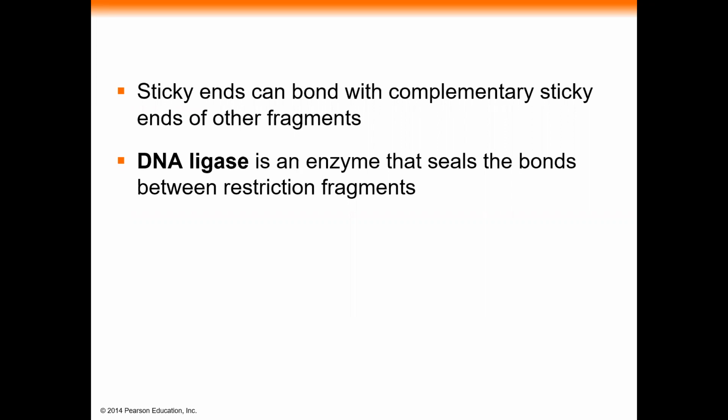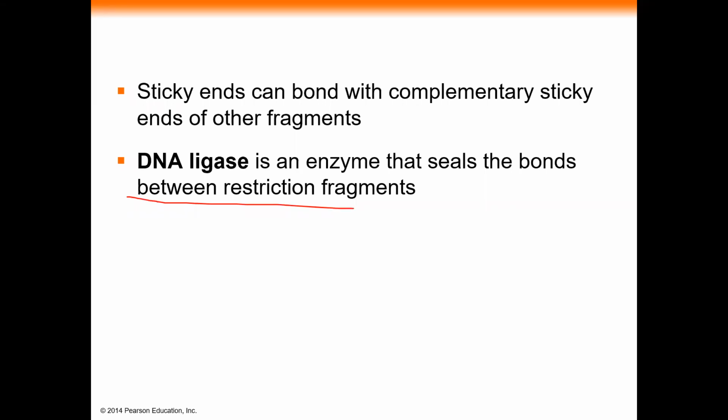Okay, and then once you put your DNA in there, your gene from the other organism you want to put into the plasmid, you've got to seal it up, because it's just not going to fall into place and everything is good. You have to use an enzyme to kind of make the zipper complete, and that's called DNA ligase.